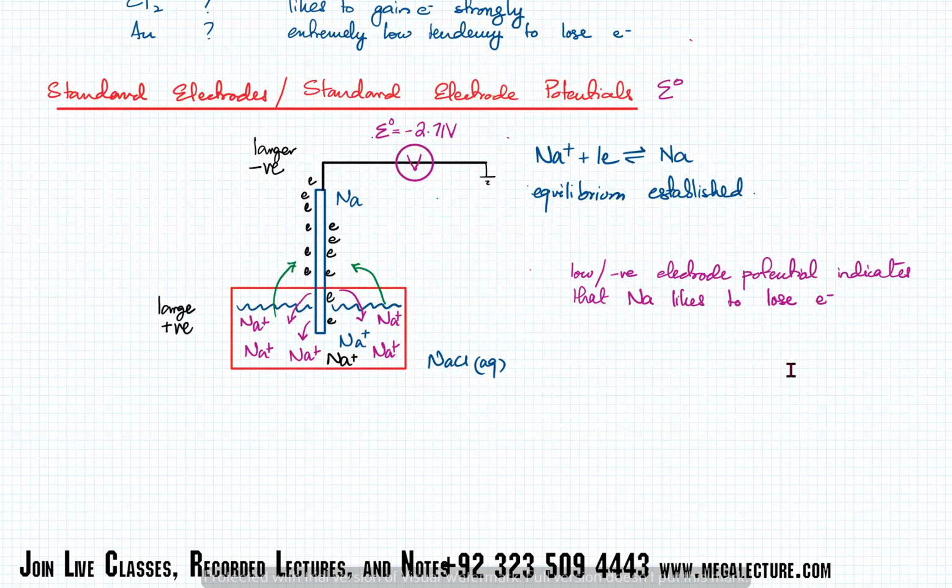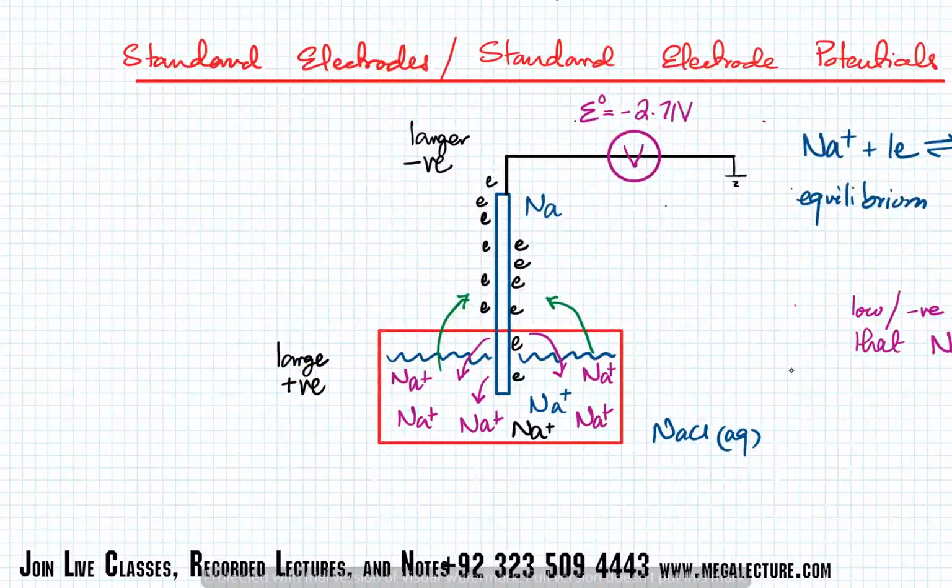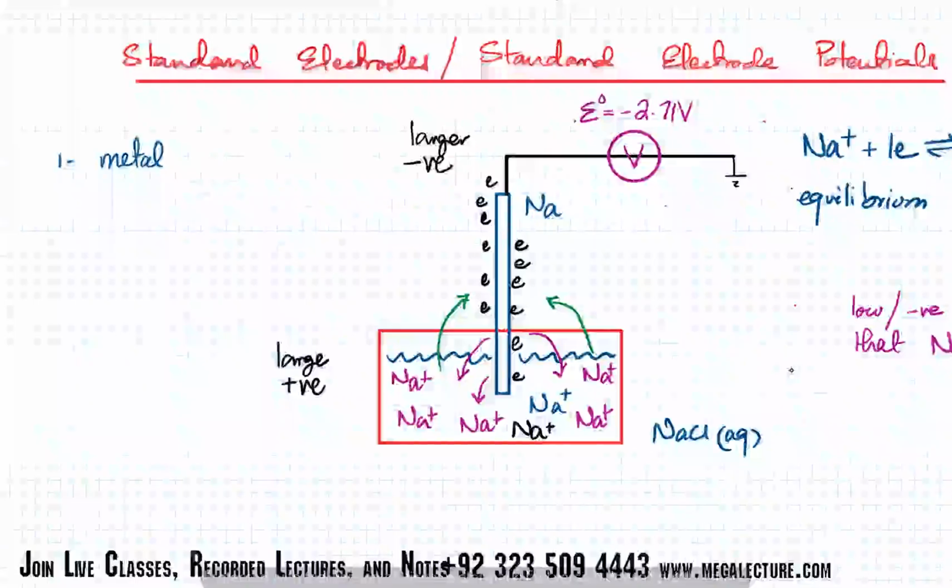And remember, that's the first type of electrode that we've made. This electrode is used when you try to figure out the potential, or the tendency, for a metal to lose or gain electrons.